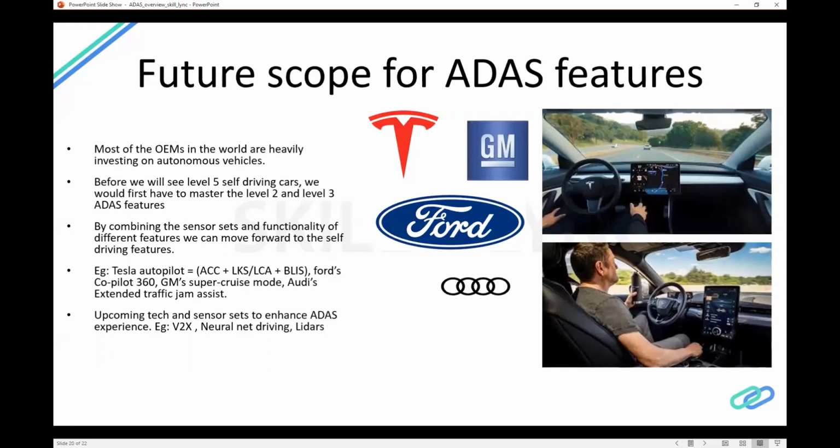Some of the upcoming technologies which are currently in heavy demand is V2X. V2X means vehicle to infrastructure communication. With 5G technology and more improved internet technology, the vehicles will be able to communicate with the infrastructure or vehicle to vehicle. How does this help?